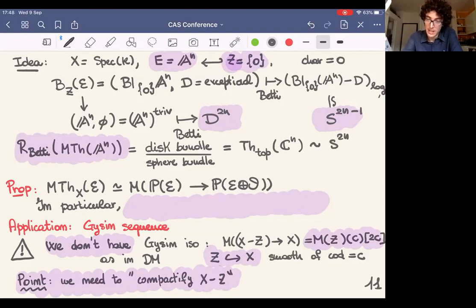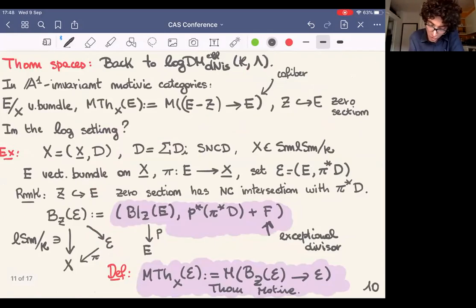And somehow the idea in the story is that we are not allowed to really take the complement. Let's go back to this slide. What goes wrong in this definition? The problem is that in the classical definition, we take the complement of a zero section. And the slogan is that you're not allowed to take open guys in the log setting, naively.